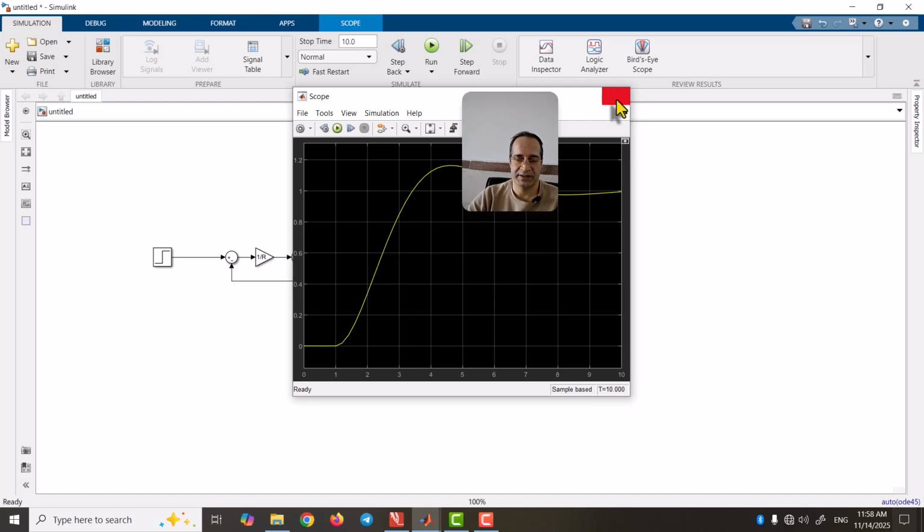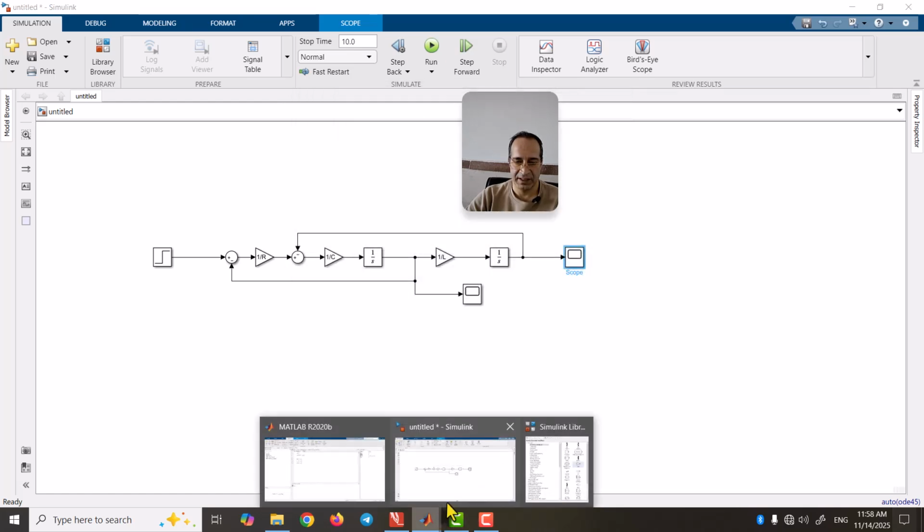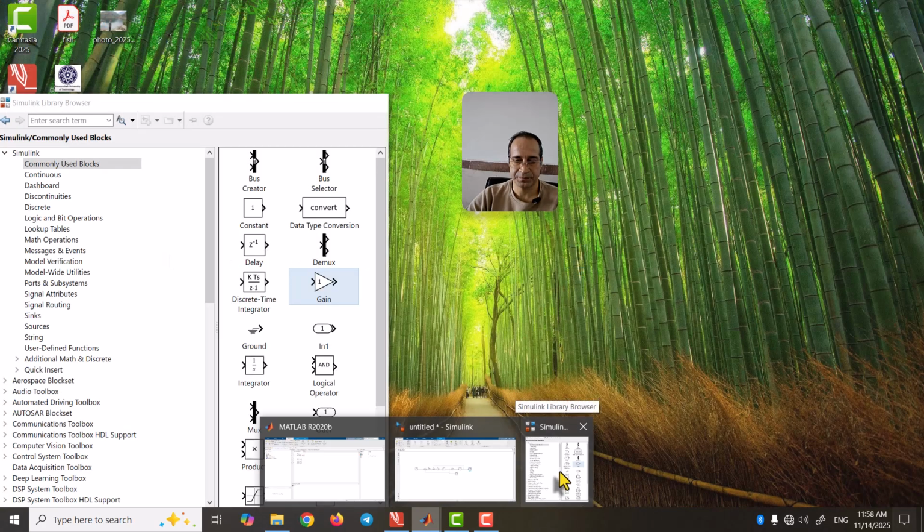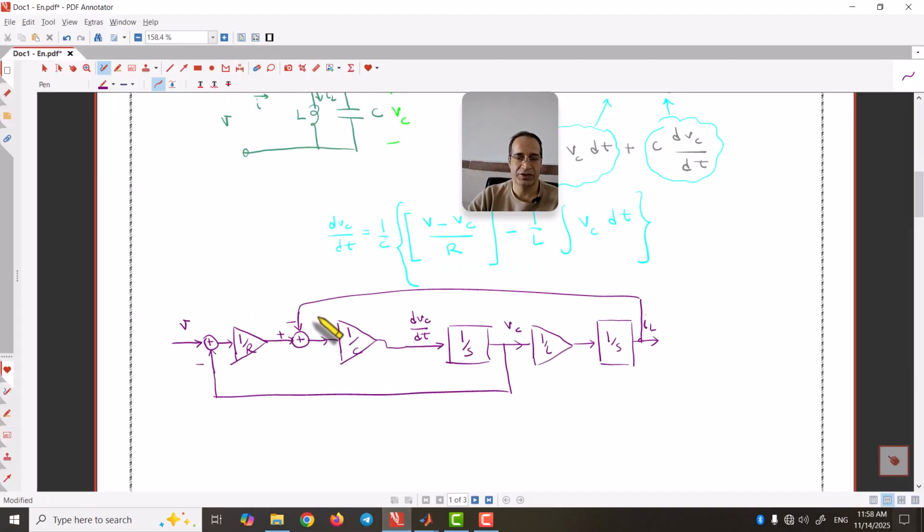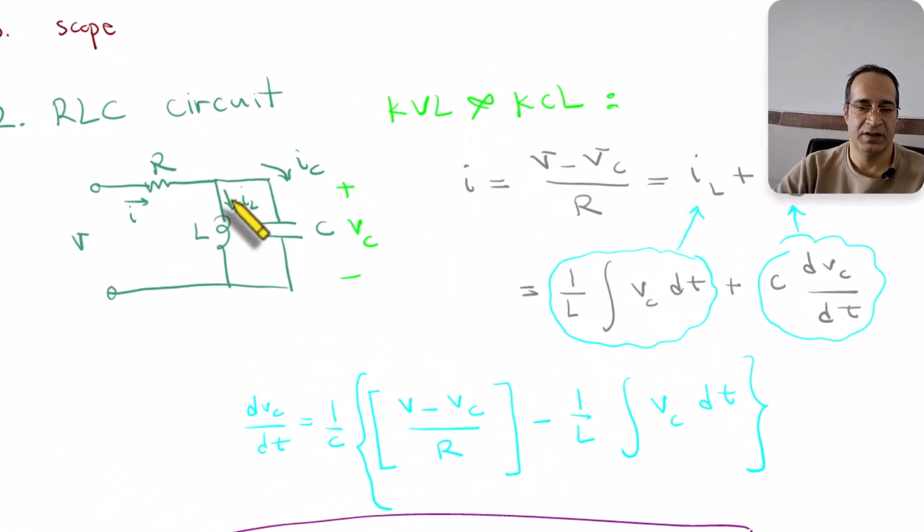Let's go back to circuit and see what's happening. Here we have the inductor current equal to 1 when V is 1, and this is in the steady state time. So VC is constant, and IL is equal to 1 over 1 ohm here. So that is completely correct.